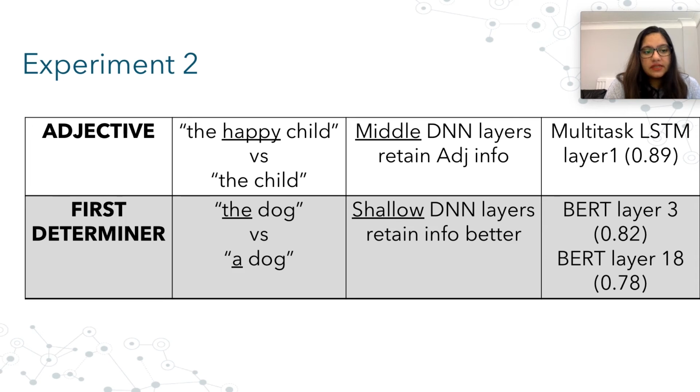When the first determiner is varied between two sentences, for example, "the dog" versus "a dog," then we see that shallow deep neural network layers retain the first determiner information better. For example, BERT layer 3 has an accuracy of 0.82 of predicting these two sentences as separate, as compared to BERT layer 18, which drops down to 0.78.